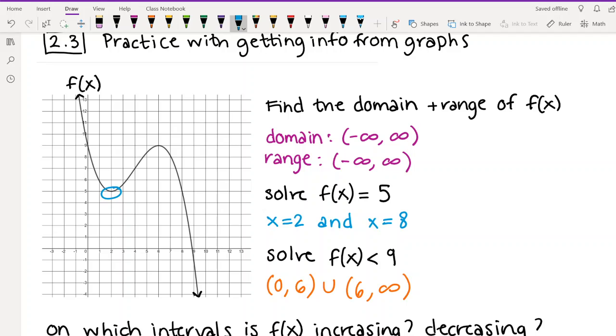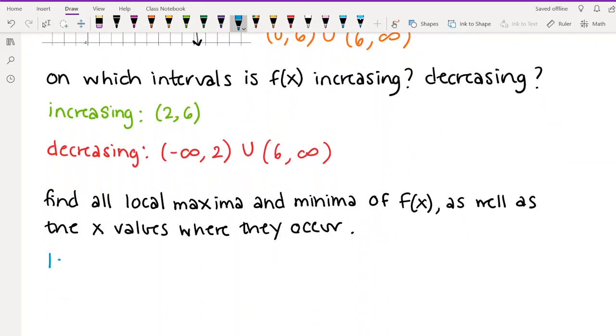Because that's the y value. And where does that local minimum occur? It occurs at x equals 2. So we have a local minimum of 5 at x equals 2.